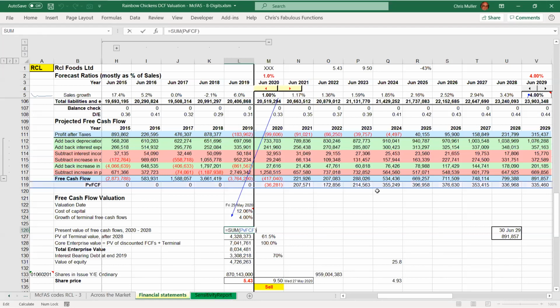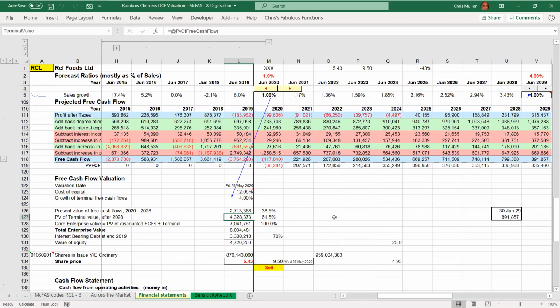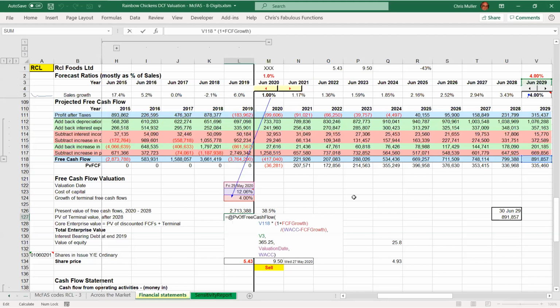So we've added up the first 10 years. Now we have to do a terminal value. We're going to use our PV of free cash flow formula again to do the discounting and adjusting for us. But in the formula, we're going to take our last free cash flow, which is our free cash flow in year 10.